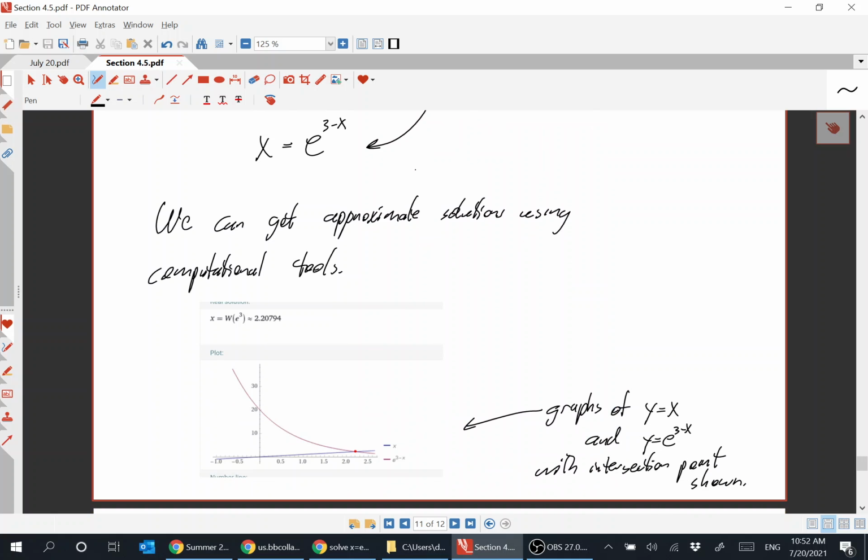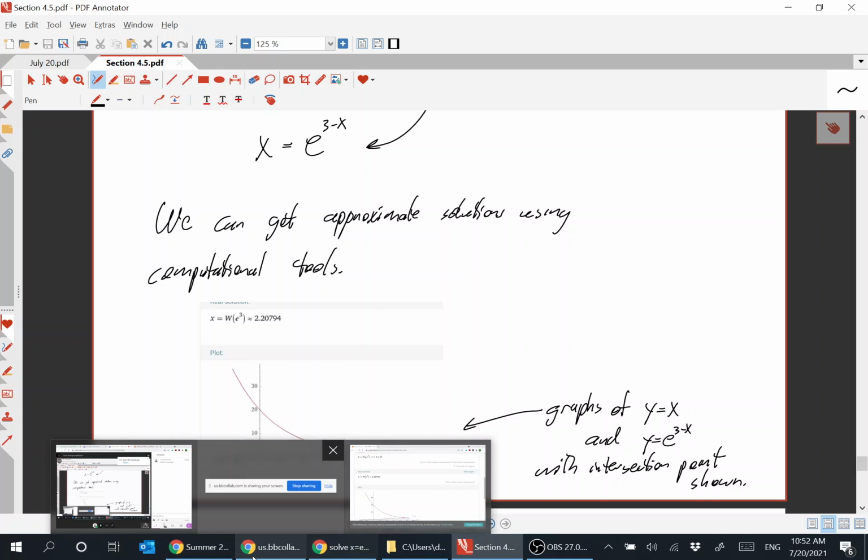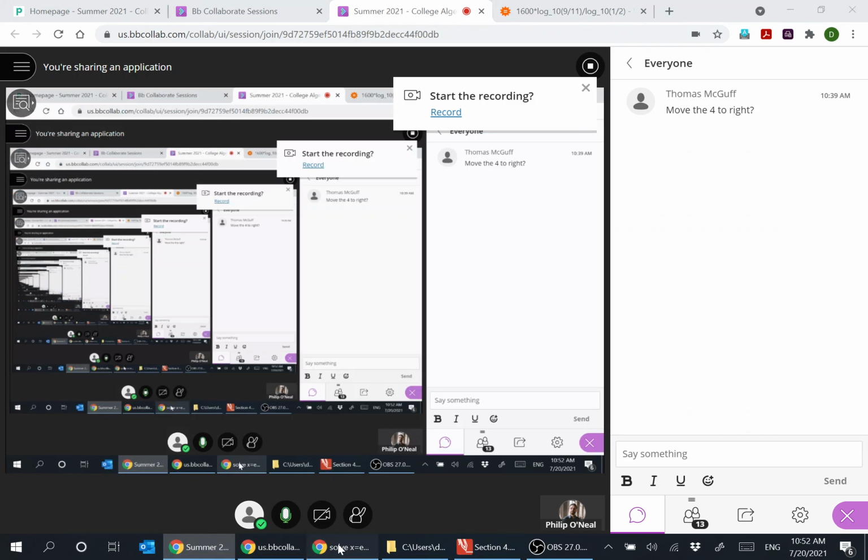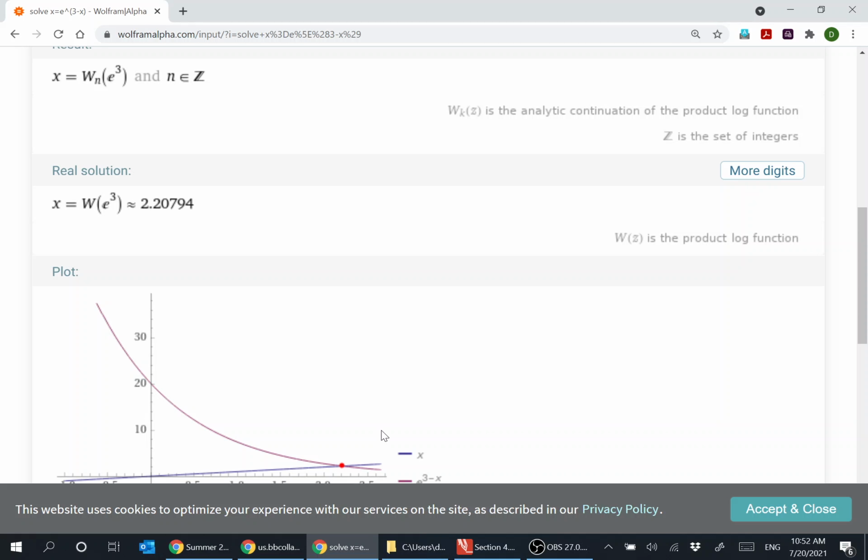But there's no real reason in general to restrict your attention to just those functions. So one common area of research is what's known as special functions. And people define these special functions in various ways, and they study the properties of these functions, just like what we're doing here. We define this log function, we study the properties of log functions, and we solve some equations with log functions.